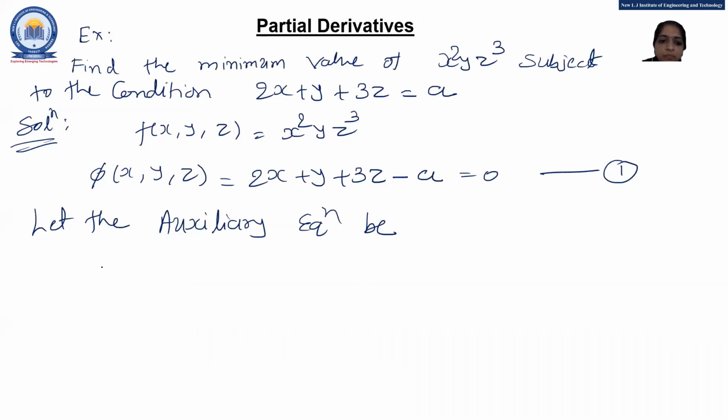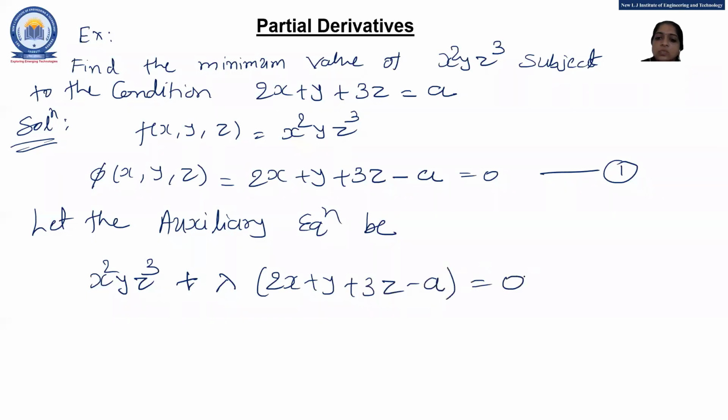This is our x square y z cube, plus lambda into phi of x, y, z. And what is our phi of x, y, z? 2x plus y plus 3z minus 8 equal to 0. So this is our auxiliary equation, known as equation number 2.